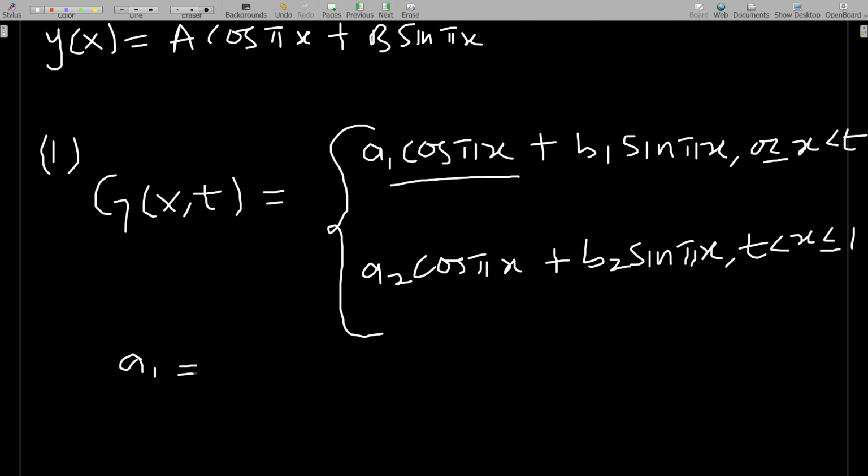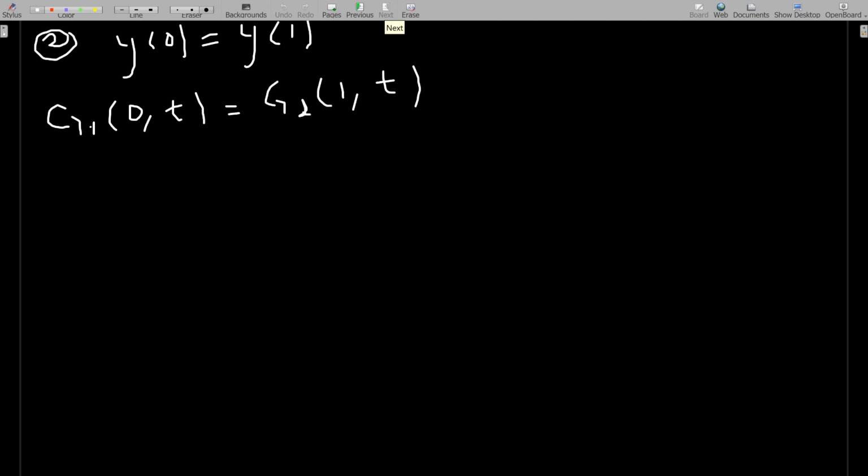It should equal putting 1 in place of x in g2: a2 times cos pi, which is minus 1, so minus a2, and b2 times sine pi, which is 0. So a1 equals minus a2. Let's call this our first equation.